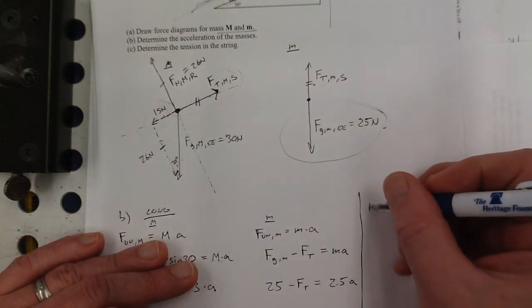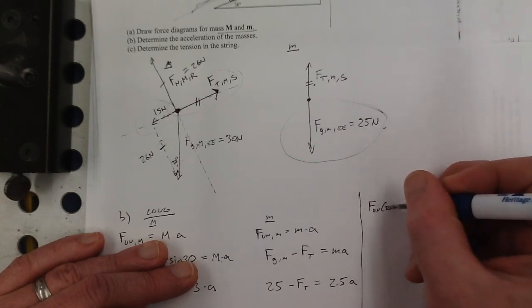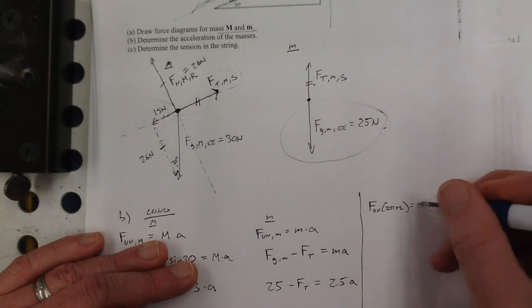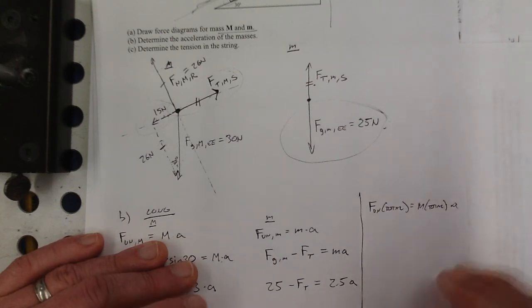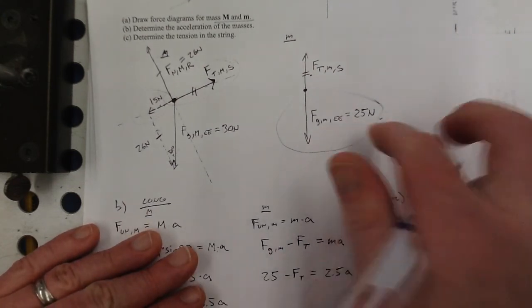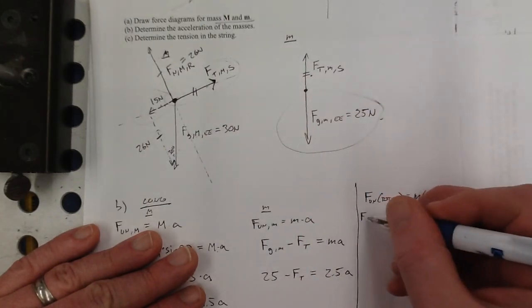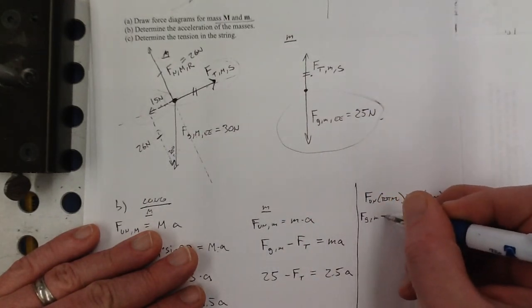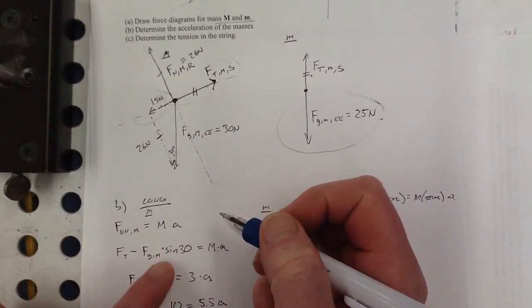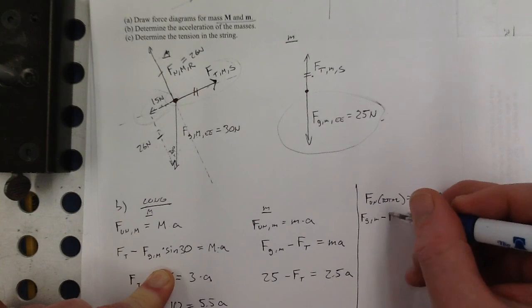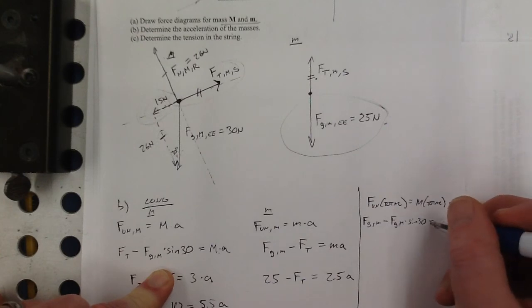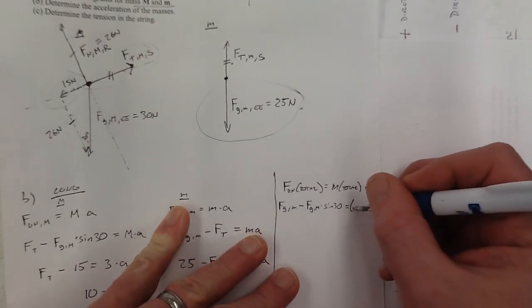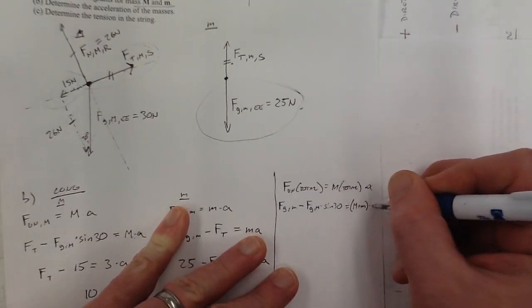So if we do our unbalanced force total equals mass total times acceleration, the total unbalanced force is this force of gravity on little m minus the sine component, force of gravity on big M times the sine of 30 degrees, equals the total mass times the acceleration.